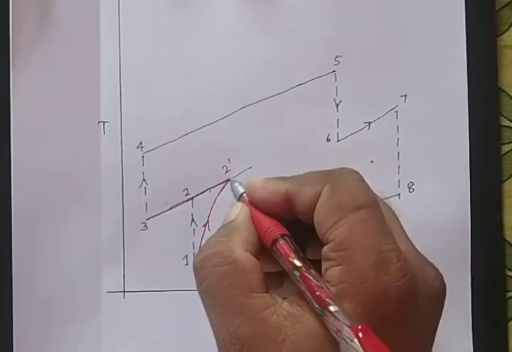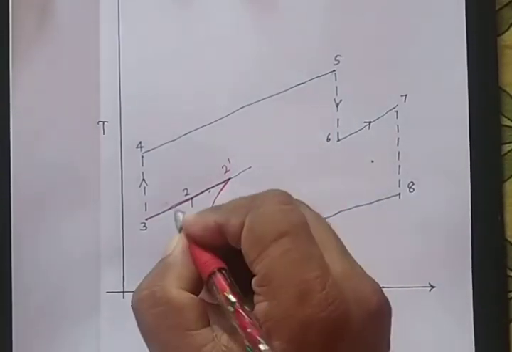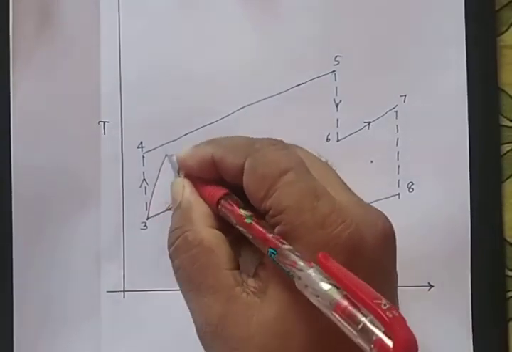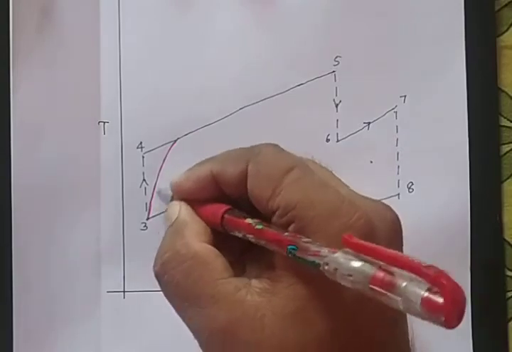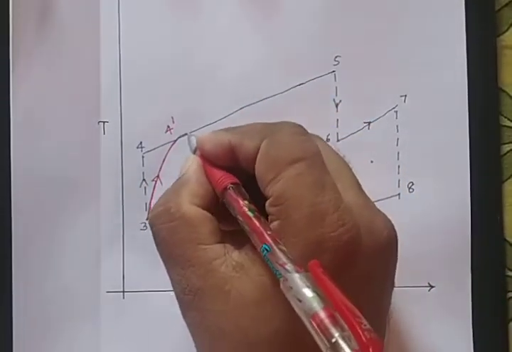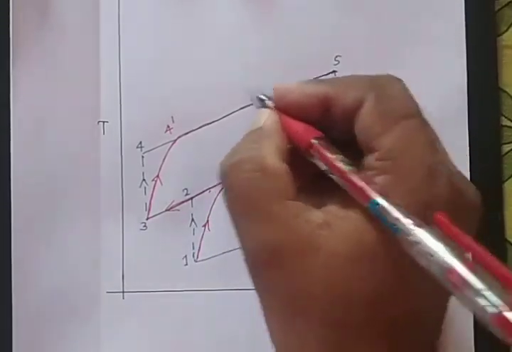And then from 2 dash to 3, that is where heat is lost in the intercooler. And then from 3 to 4 dash. Then from 4 dash to 5, the heat is added at constant pressure.